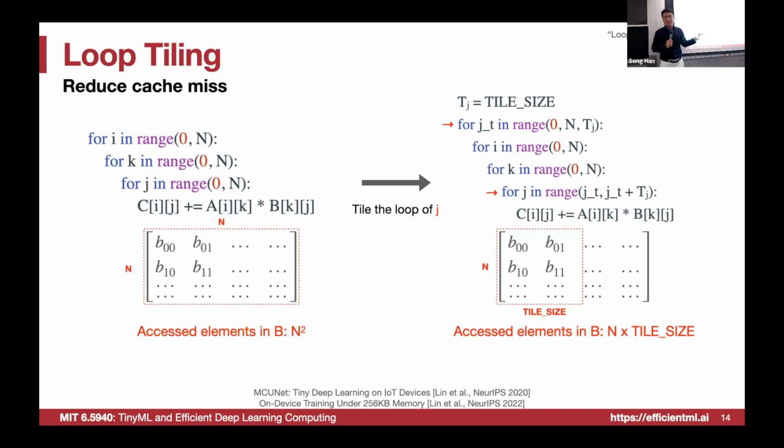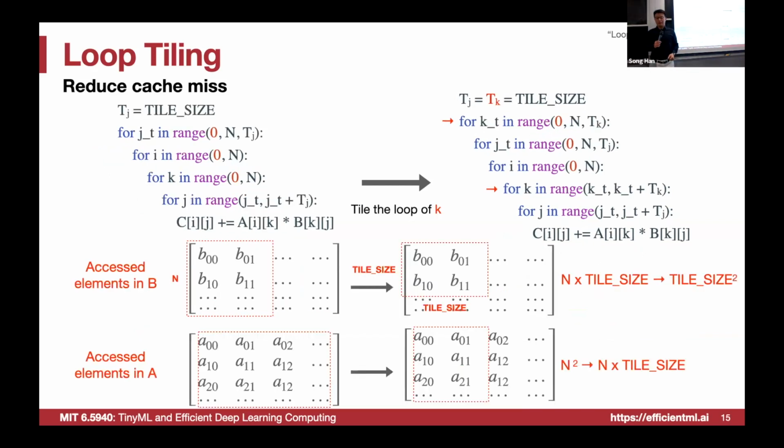So the number of elements accessed for the B matrix is reduced from n squared to n times the tile size. What if that is still too big? N can be pretty large, so n times the tile size can still be quite big.